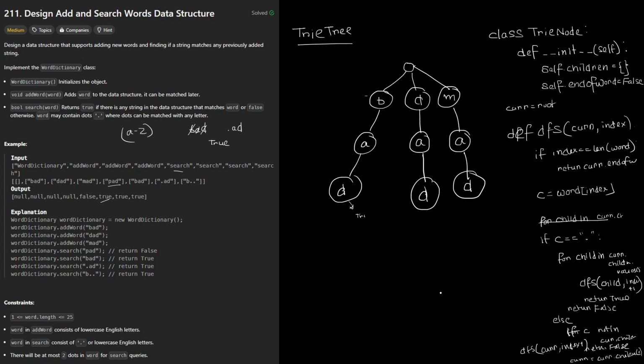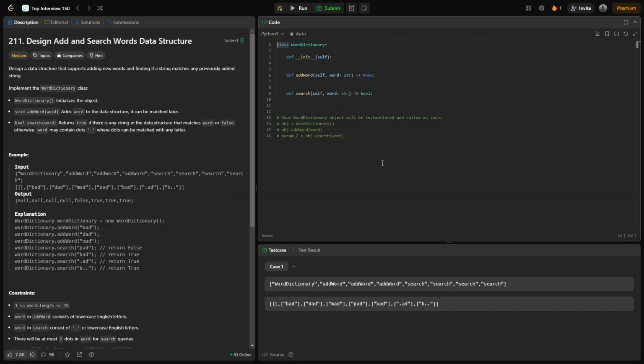Now let us jump to the Python solution, where if I code this up, I think things are going to get even clearer. Let us first implement the trie node.